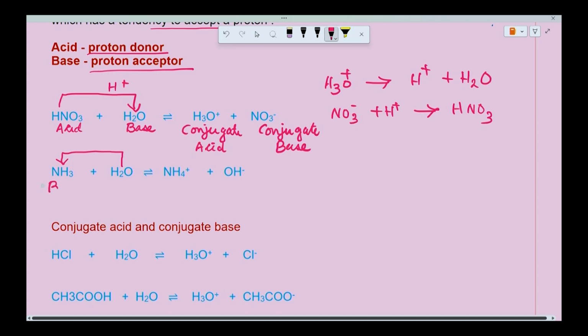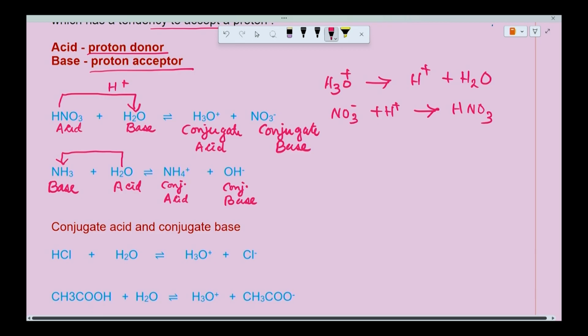So, ammonia will be the base, water is acting as an acid, and ammonium ion, which is capable of donating a proton, will be the conjugate acid, and OH minus ion, which can accept a proton, will be the conjugate base.